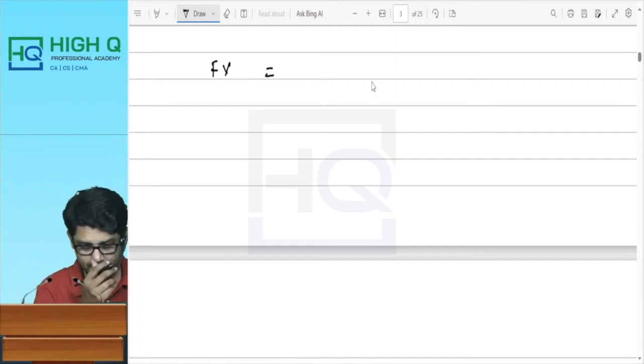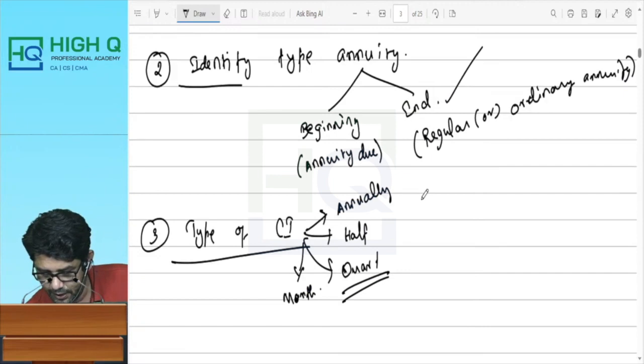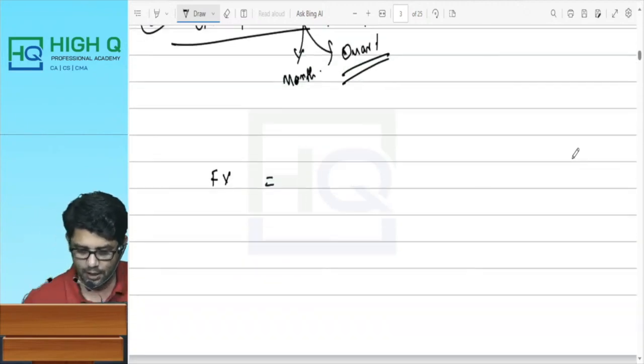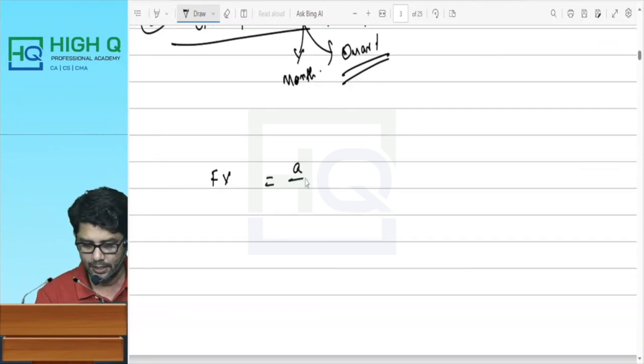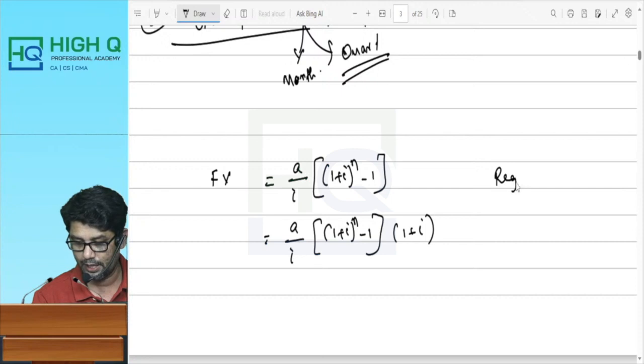Along with that, sinking fund. Future value formula: A by i into (1 plus i) whole power n minus 1, and A by i into (1 plus i) whole power n minus 1, into (1 plus i). This is for regular annuity, and this is for due.